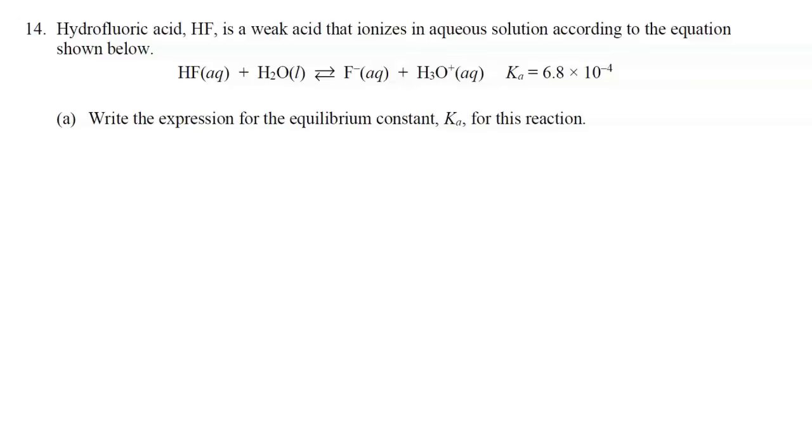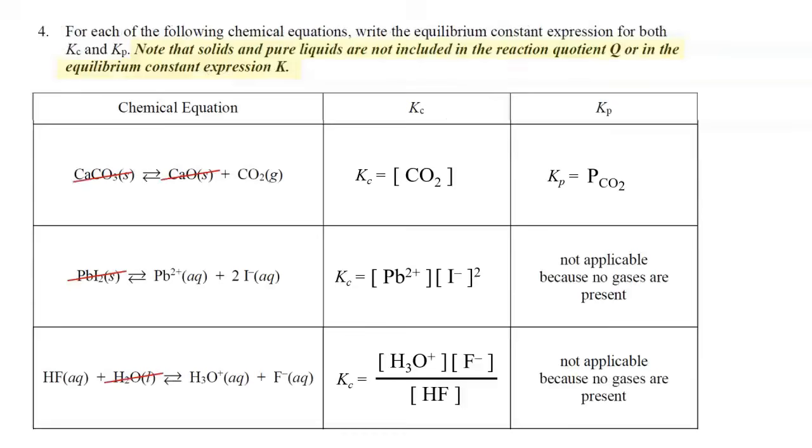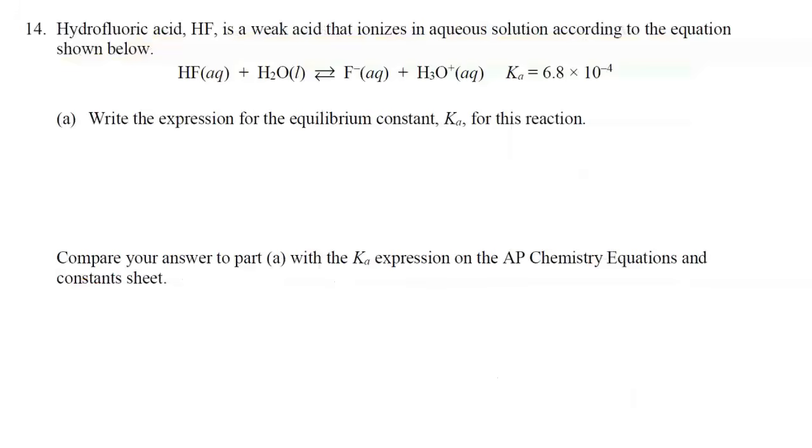Now, when you were learning about equilibrium in Unit 7, you learned that an equilibrium constant expression is written as products over reactants. You also learned that solids and pure liquids are not included in the equilibrium constant expression. So for this reaction between hydrofluoric acid HF and water to produce the fluoride ion F- and the hydronium ion, it's going to be liquid water that is not included in the Ka expression because pure liquids and solids are not included.